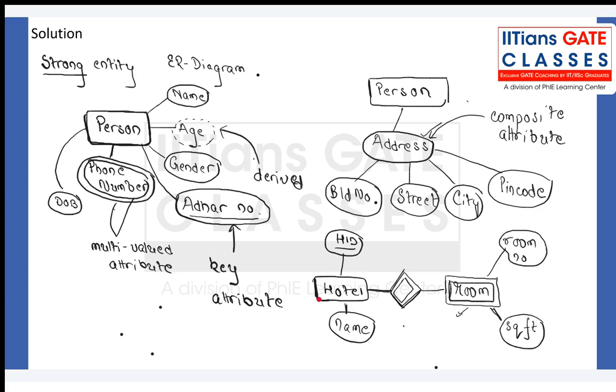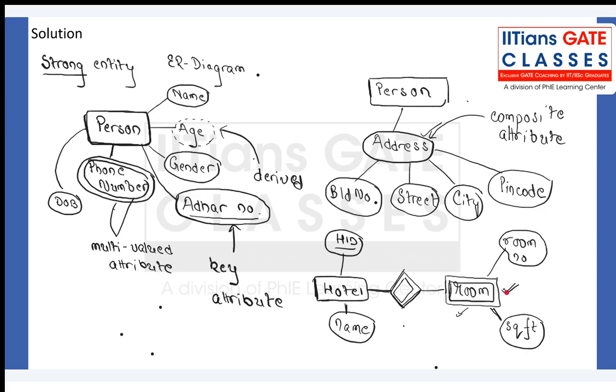Fine. Now tell me one thing. Do you agree to this statement that all the rooms that are present in the room entity set, in this room entity, there are many rooms, right? Many rooms are there in this room entity set.